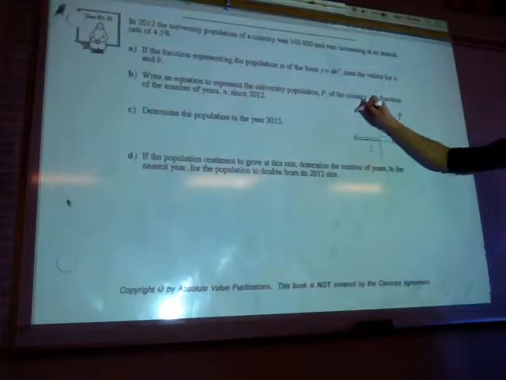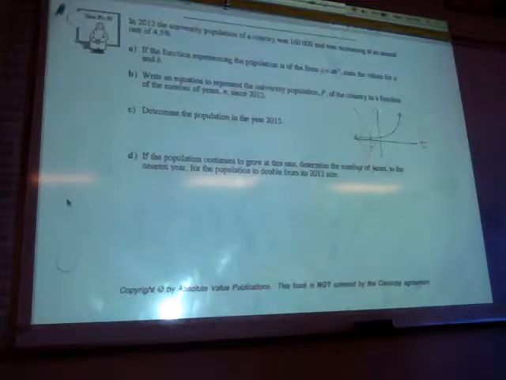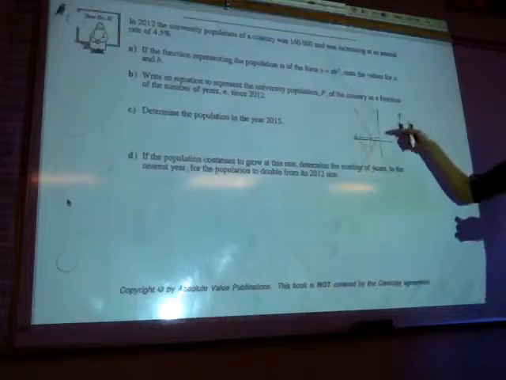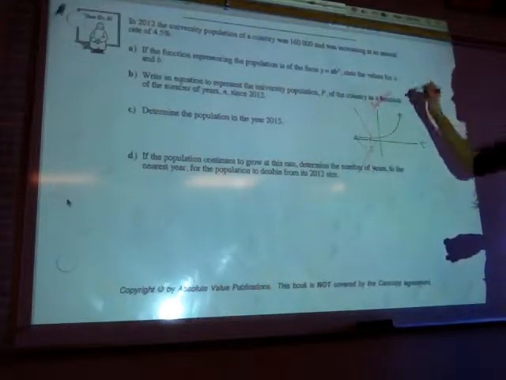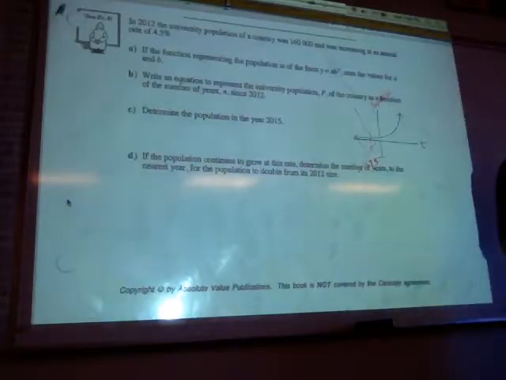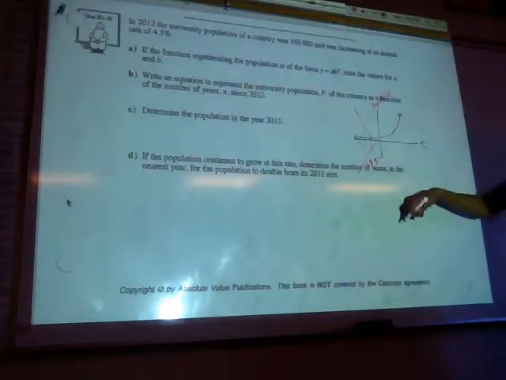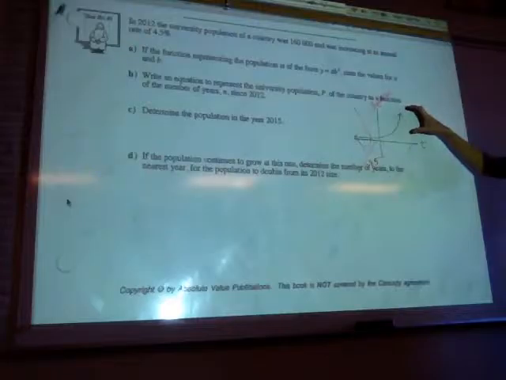No. So that quadrant's gone, that quadrant's gone. Okay, we'll never have negative time. Say this was talking about population, and that's my y-axis. Am I ever going to have negative 75 people? No. So this quadrant's gone, that quadrant's gone. Therefore, we're only looking at quadrant 1 for these types of questions.